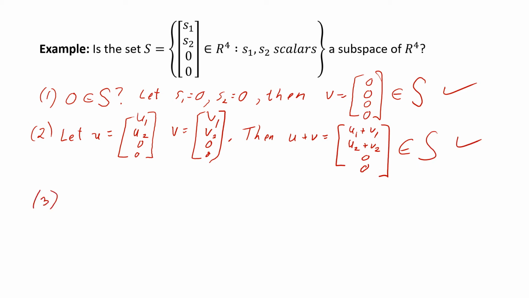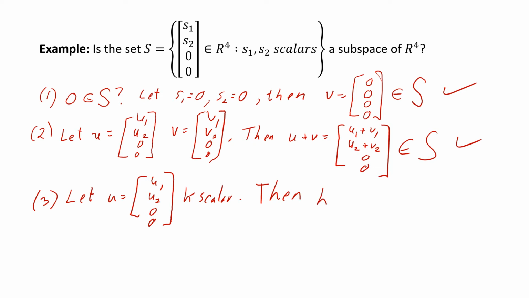What about the third one? Third condition is scalar multiplication. So we let U equal U1, U2, 0, 0, and we let K be a scalar. Well, then what happens if you multiply? Then K times U is equal to K times U1, K times U2, 0, 0.